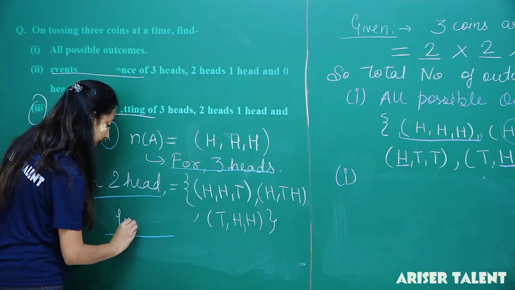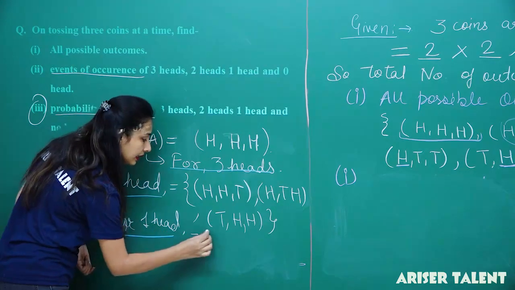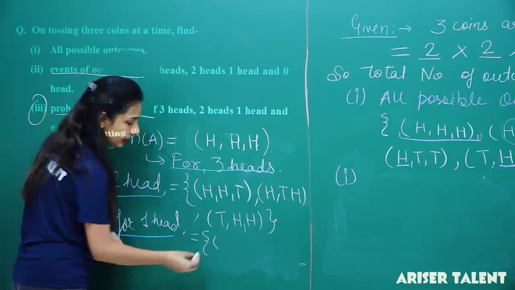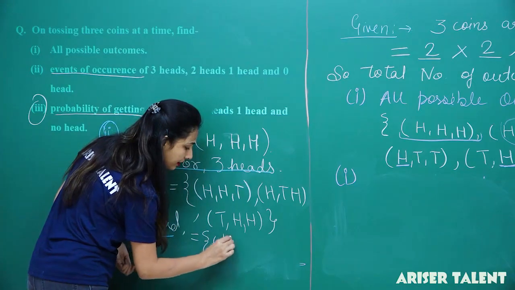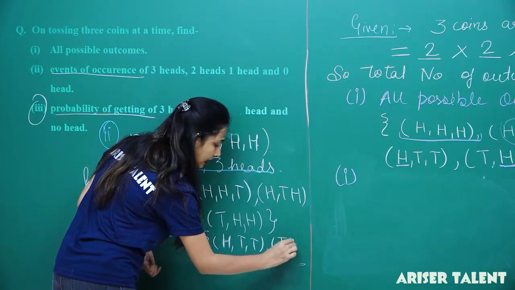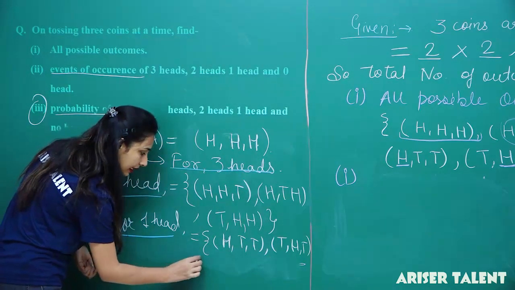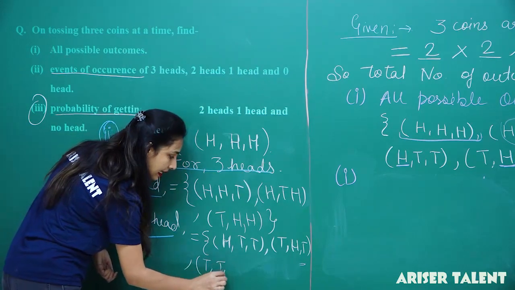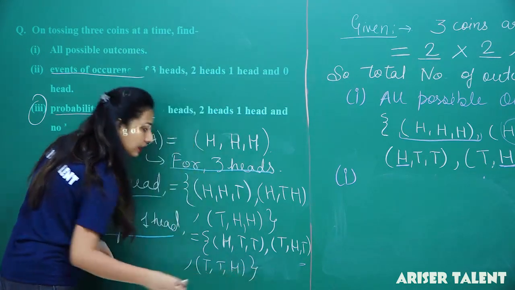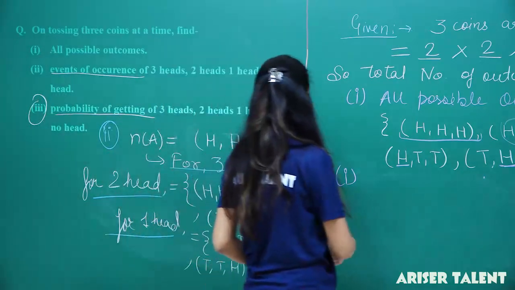For 1 head, that will be head, tail, tail, then tail, head, tail, and the last one is tail, tail, head. These were the 3 for 1 head.